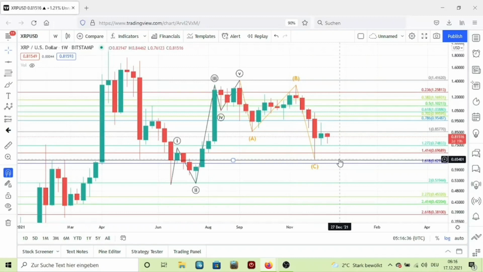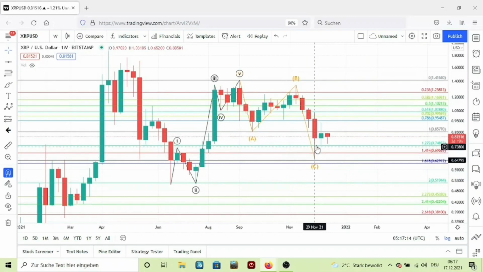So we can see that this line here was the 0.236 fib of this first move up. As a wave 2, it makes very much sense to touch this level, maybe touch still this level, because 1.618 can be touched for a C wave. The 1.618 is usually a target from the A wave, but we don't have to go below there.